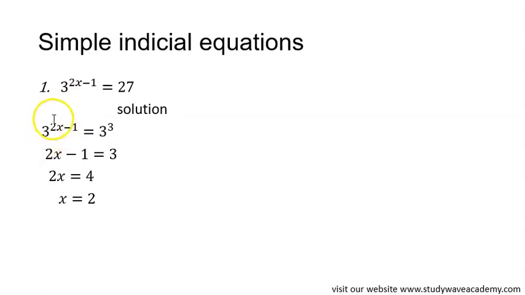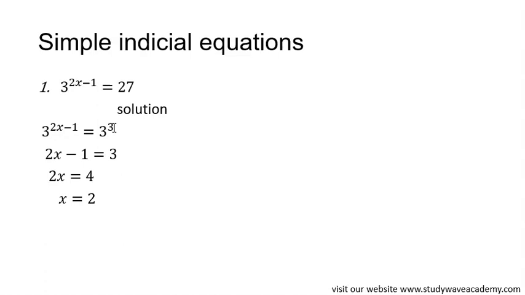So we have here 3 raised to the power 2x minus 1 is equal to 3 raised to the power 3. Now, I'm sure you're wondering, how did we get this? It was 27 that was here. We looked for a way to make 27 the same base as this one, which is 3. And 3 times 3 times 3 is going to give you 27. So we have 3 raised to the power 3.